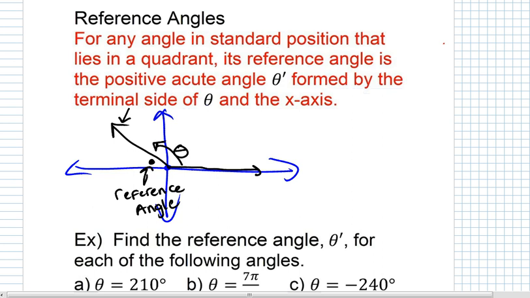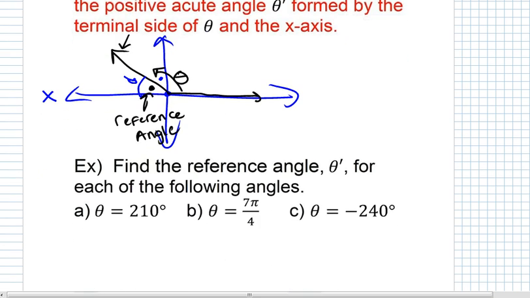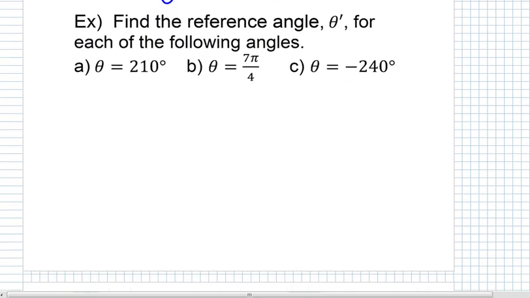It's not this one up here, which a lot of people will put. This is the reference angle right here, between the terminal side and the x-axis, not the y-axis.